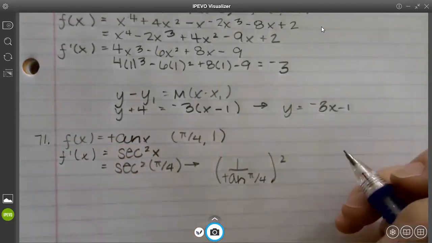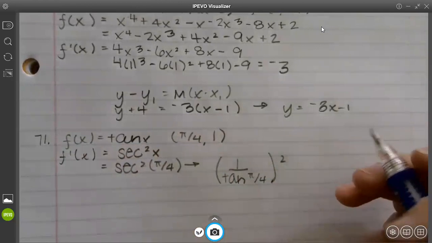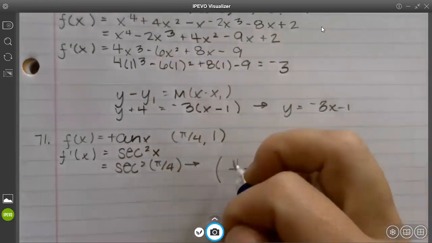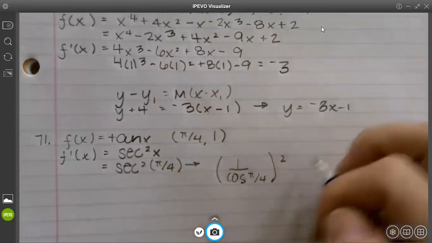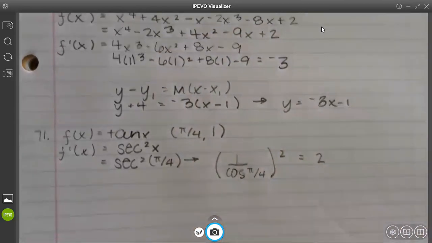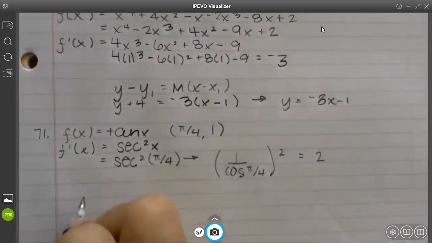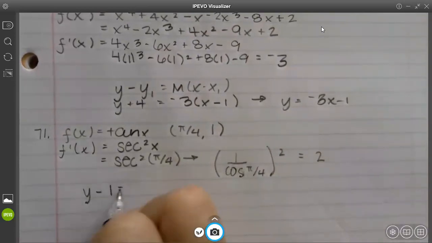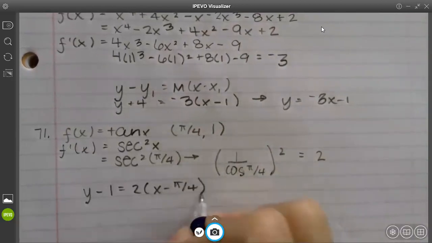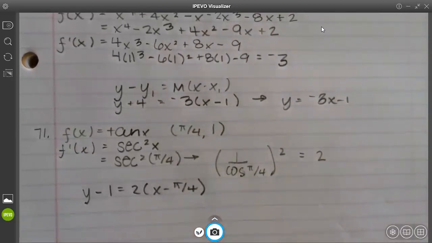That gives you 2. It's not tan, it's 1 over cosine. 1 over cosine gives you 2. So then your equation y minus 1 equals 2 times x minus pi over 4. And like I said, I would just leave it like that and try not to.